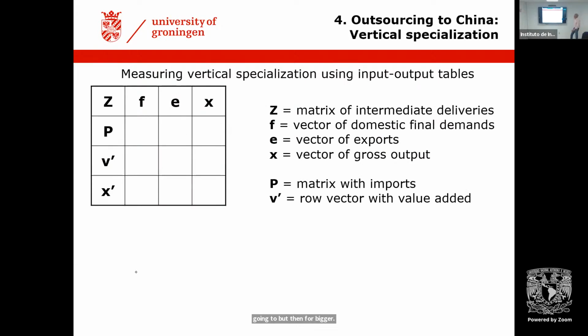Well, this is the input-output table, what it looks like. We have D for intermediate inputs, F for domestic final demand, exports and outputs. We have here an import matrix, and here the value added.